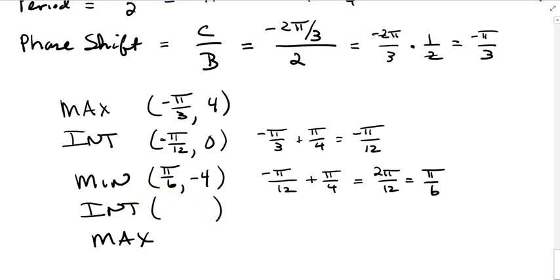For our next intercept, well, we have pi over 6, and we are once again going to add pi over 4. Well, pi over 6, of course, we know is 2 pi over 12. Pi over 4 is 3 pi over 12. So 2 and 3. That's going to give me 5 pi over 12.